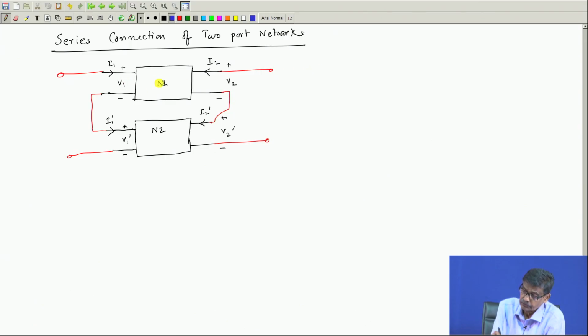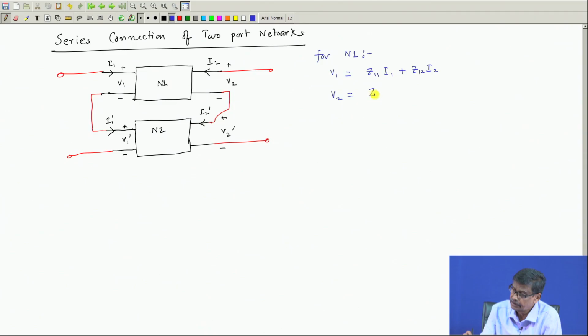So far as network N1 is concerned, I will get V1, V2 equal to Z11 I1 plus Z12 I2, and Z21 I1 plus Z22 into I2. This is for network 1.